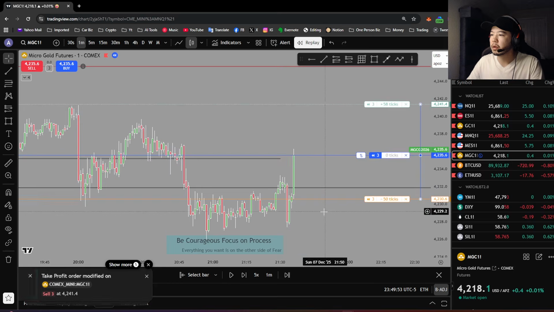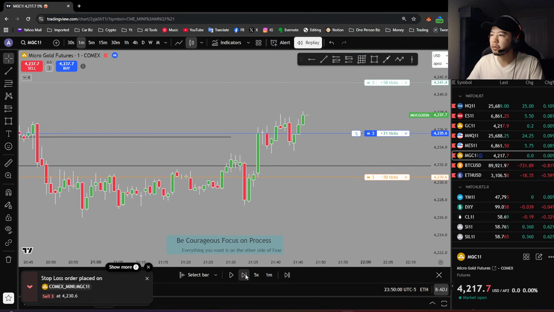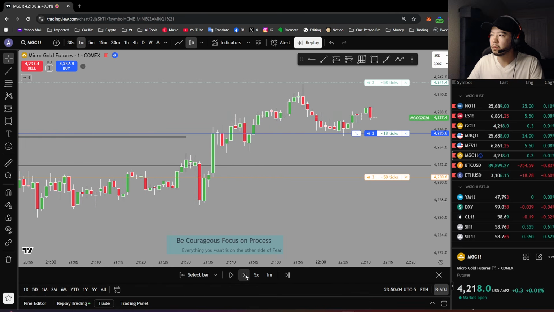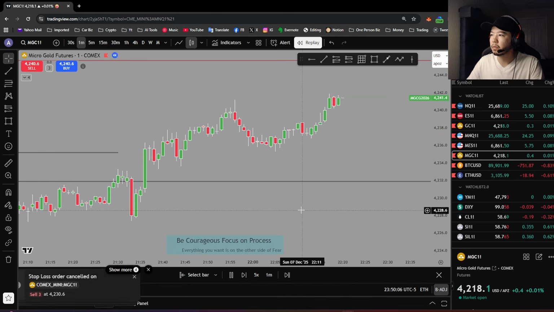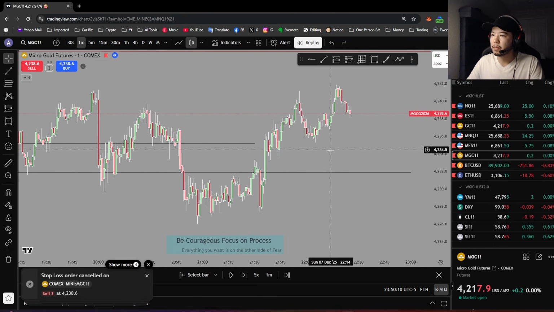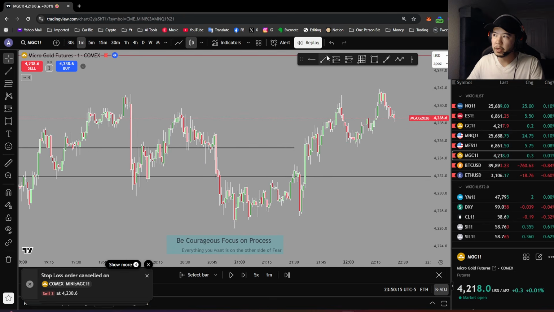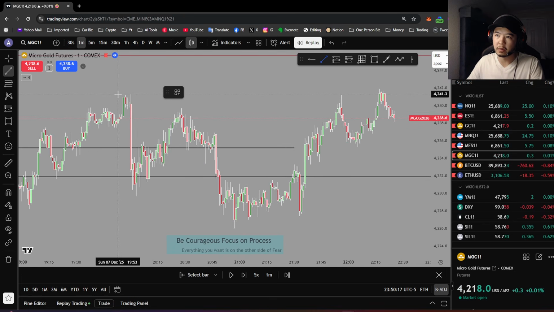Stop loss around this one. And of course we know this one hit. There it is. So the price always hits the target.